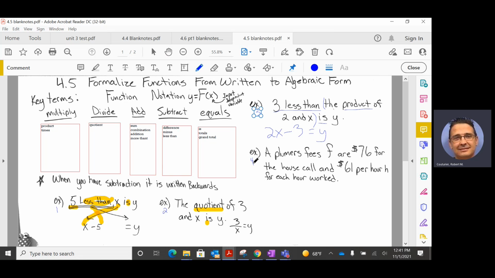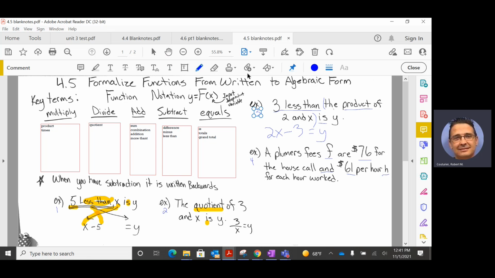Example 4. Now we're starting to get more of a story with what they want us to do. A plumber's fees, F, are $76 for the house call and $61 per hour.